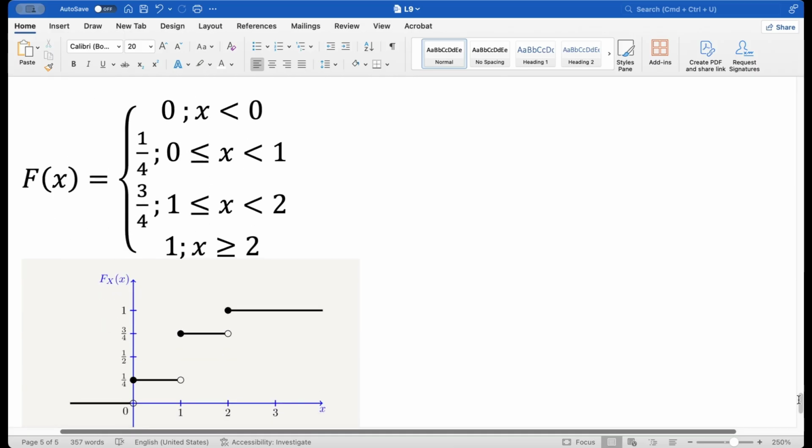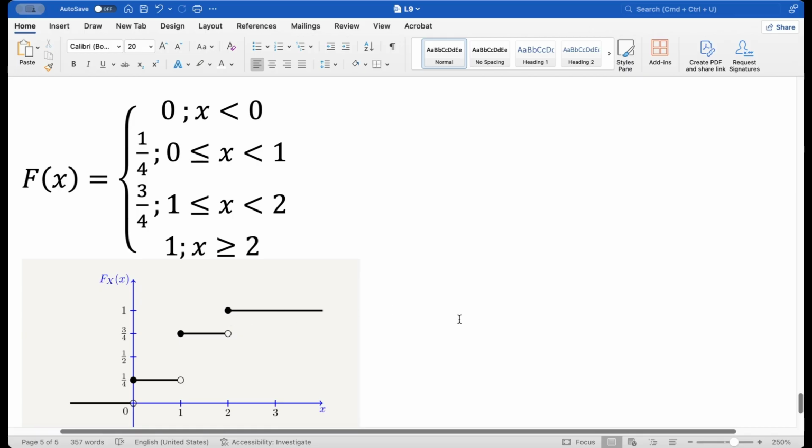Then it stays flat here because the probability does not change again until we hit the 1. So it stays level there, constant at 1/4. And then at 1, it jumped up to 3/4. And then it stays that way. So it's again another horizontal segment there until we get to the 2. And then it jumped up to 1. Once we get to 1, that's one whole 100%.